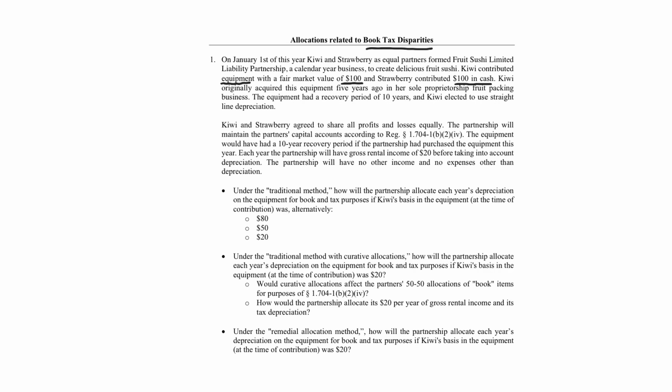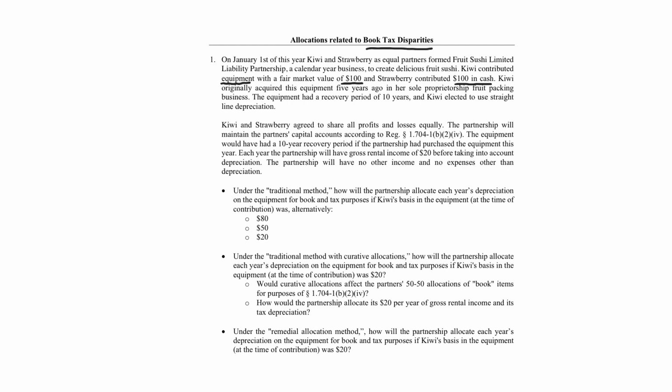The equipment would have a 10-year recovery period if the partnership had purchased the equipment this year. Each year, the partnership will have gross rental income of $20 before taking into account depreciation. The partnership will have no other income and no other expenses other than depreciation. So first, let's start with the traditional method. Let's assume the partnership agreement states that the traditional method applies.